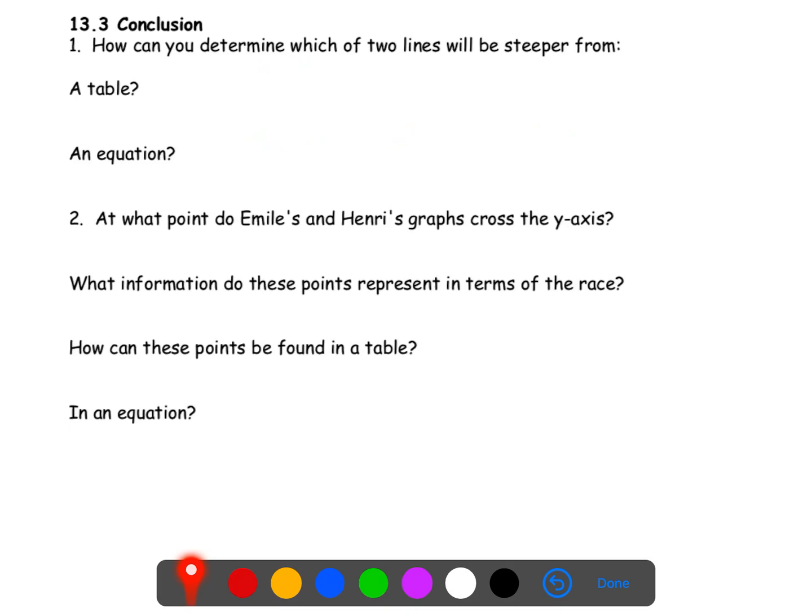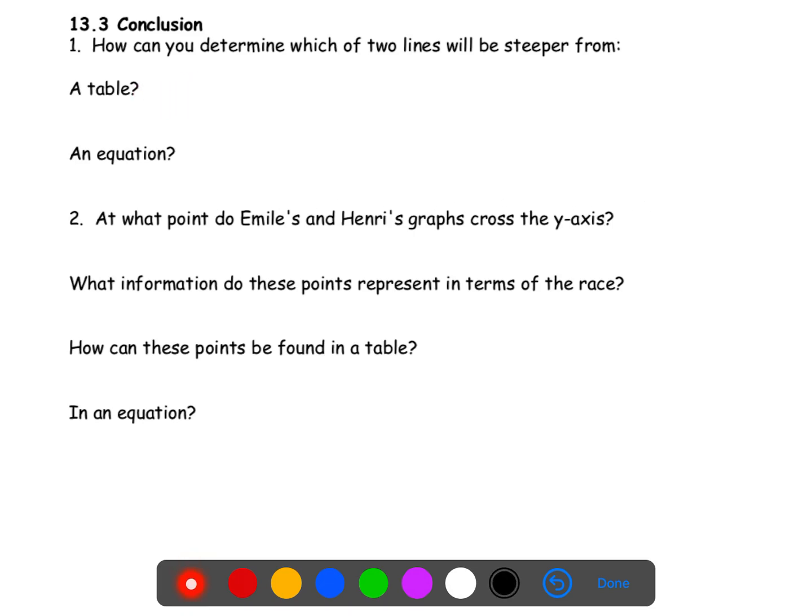It represents a greater constant of proportionality. There's more change happening in the amount of time that's occurring. So in the table, we would be looking at which relationship has a greater constant of proportionality.